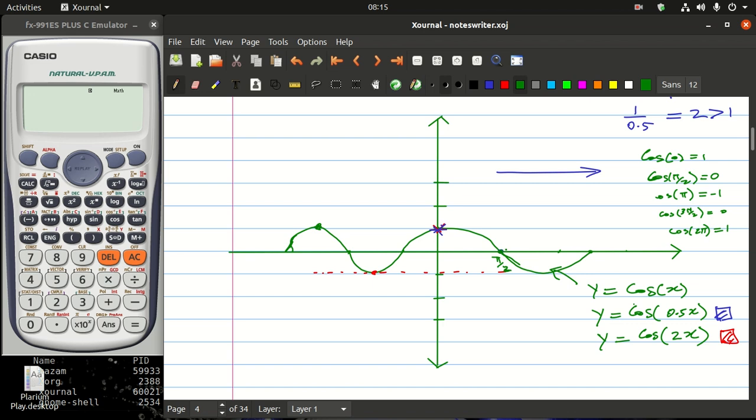So we have 0, we have this. At this point here, we're supposed to have a pi, whereby we have a minus 1, and then at this point here, whereby we have a 0, this is supposed to be 3 pi over 2. It is supposed to be like that, 3 pi over 2, and then 1 will be repeating that point there. Also this side would be doing the same thing.